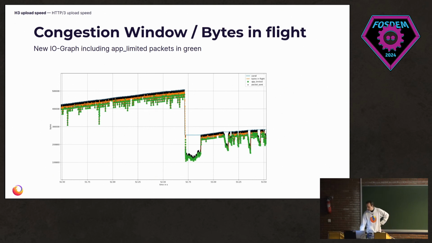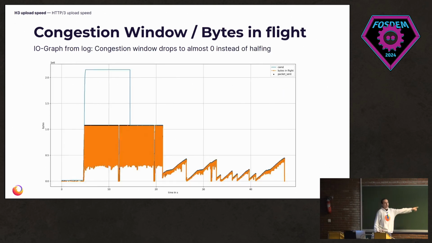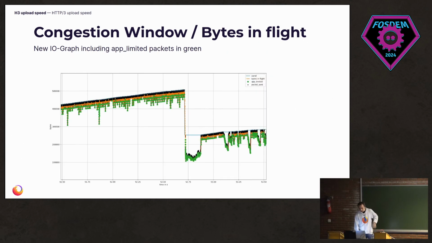Here, all these drops going down, we want to stay with our bytes in flight as high as possible, with our upload speed as high as possible, but we dropped down quite a few times.